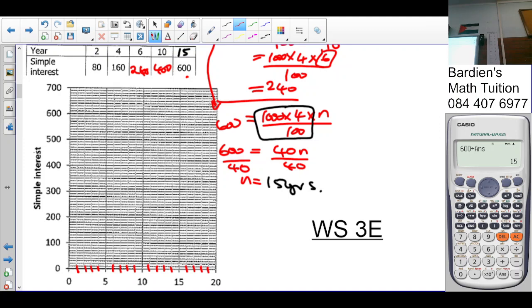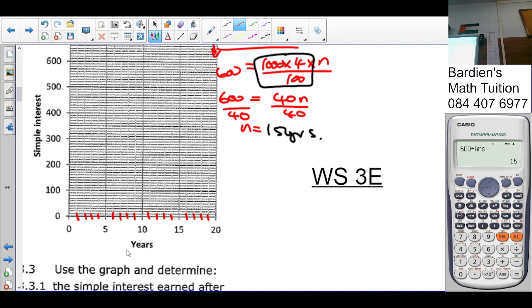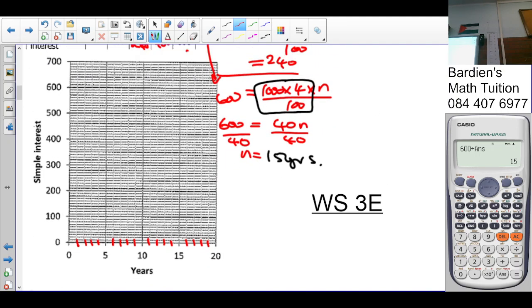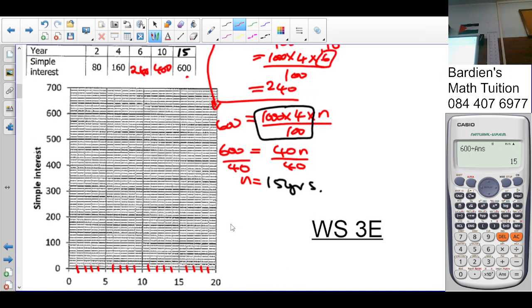So, this is your timing, years. Can you see that, people? Because the diagram is so big, we can't see the bottom, but I'm going to keep the table in focus. So, 2 years earns 80 Rand.